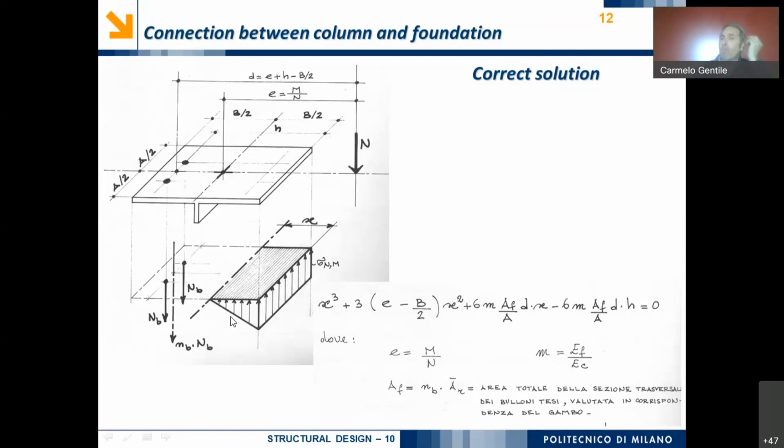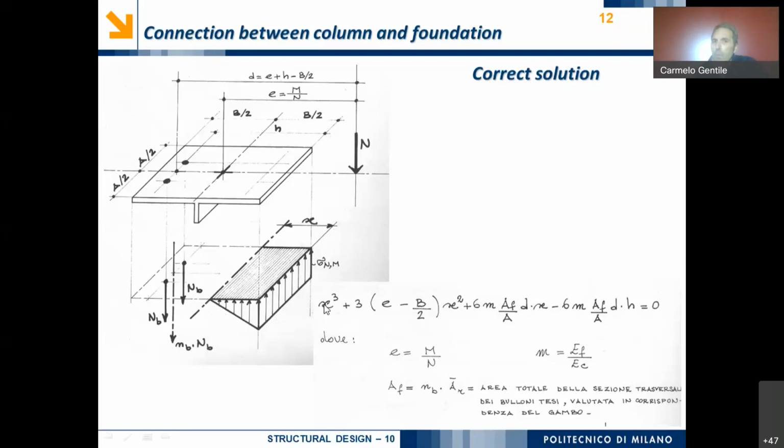This is, of course, a third order equation. How is it possible to solve a third order equation? By using, for example, Excel. For example, we can assume that x is equal to capital B over 4.